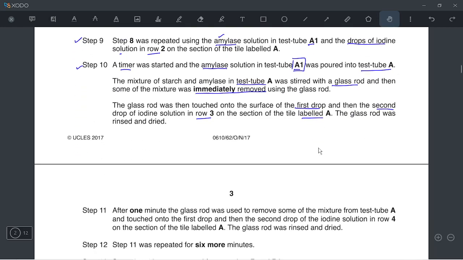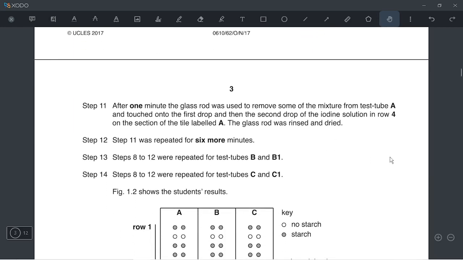Now after 1 minute, the glass rod was used to remove some of the mixture from test tube A and touched onto the first drop and then the second drop of row 4.